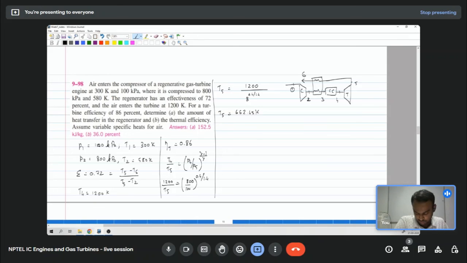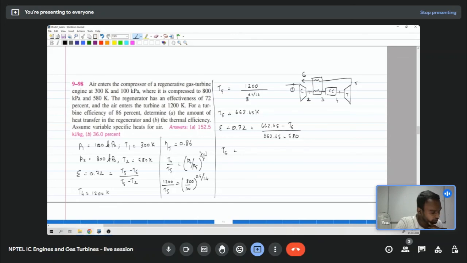Now the effectiveness is 0.72, which is T5 minus T6 over T5 minus T2. So this is 662.45 minus T6, which is unknown, divided by 662.45 minus T2, which is 580.